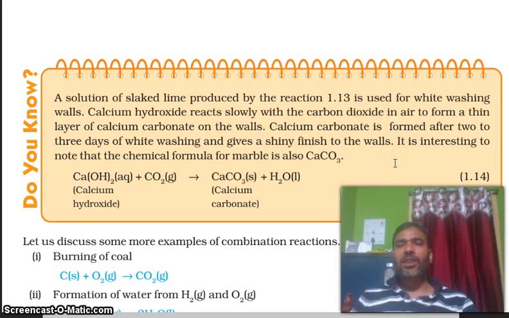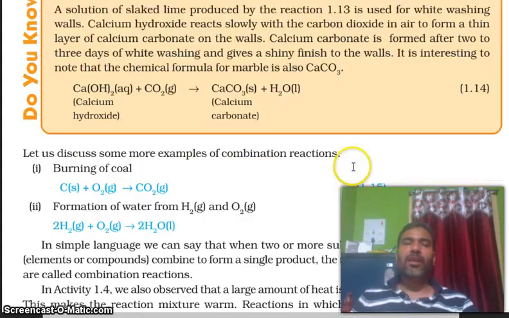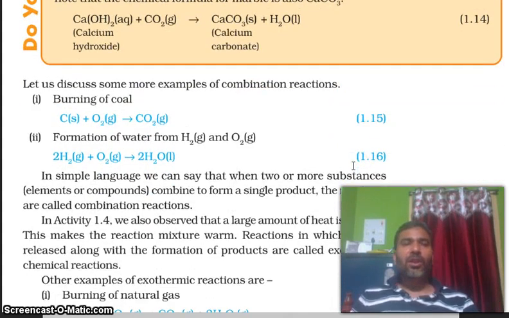Calcium carbonate is formed after 2 or 3 days of whitewashing and gives a shiny finish to the walls. It is interesting to note that the chemical formula for marble is also calcium carbonate. So let us see some more examples of combination reactions.